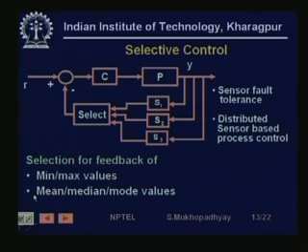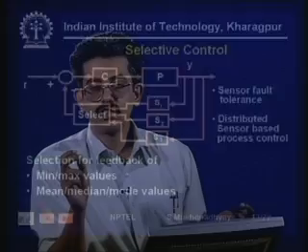So you can also use it for various kinds of filtering. So selection of feedback for either minimum, maximum values, or mean values, or median or mode values, depending on various applications, you could choose. This is selective control. A very common sense approach, but it can sometimes give you significant protection from things like failures.